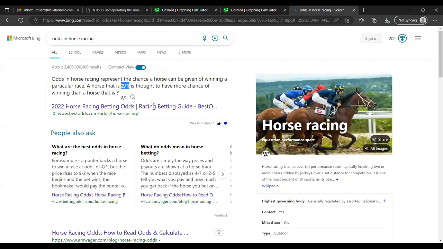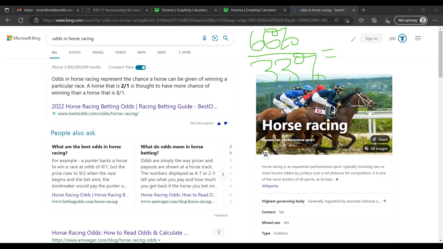2 to 1, would that be a probability of 66%? Yeah, I think so, right? It would be sort of like 66% winning, 33% not winning. And isn't that 2 on 1? 8 on 1.